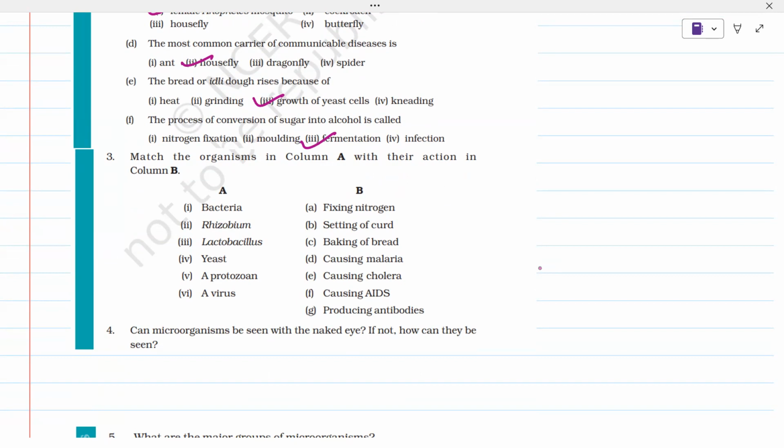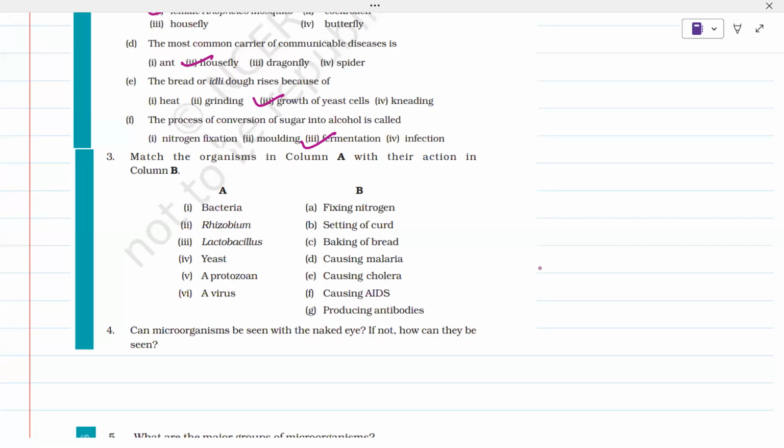Next question, match the following, right? Match the organisms in column A with their action in column B. Here certain organisms are given and in column B, their actions are given. So let's see what the correct answers are. Bacteria.